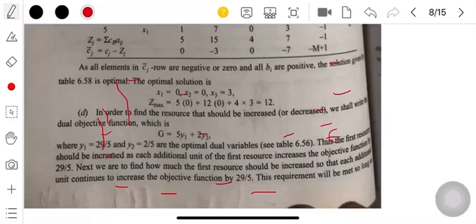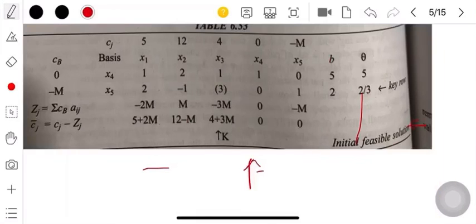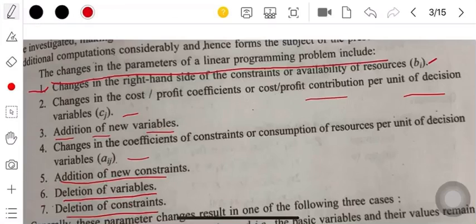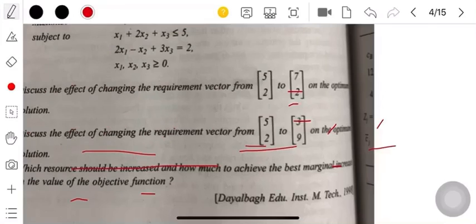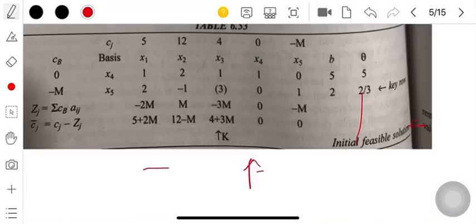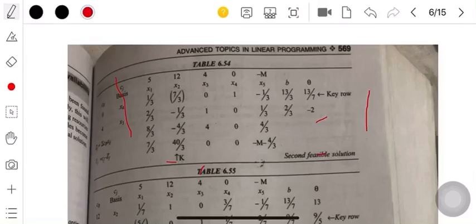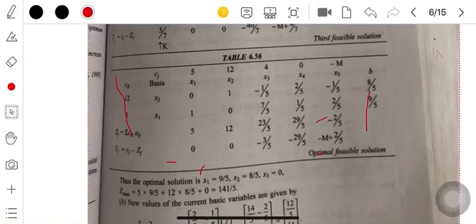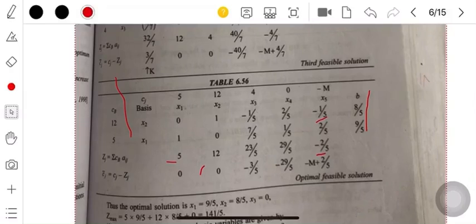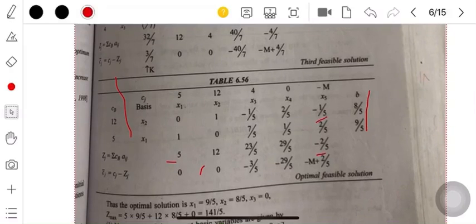Let me once again define how we have done this. Basically this was our problem. First we found the optimal solution. After finding the optimal solution, we have to see which are the slack variables.